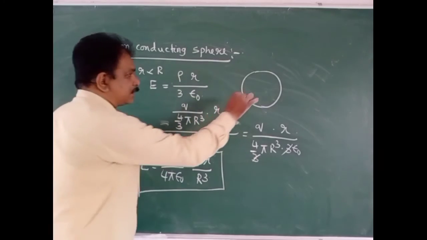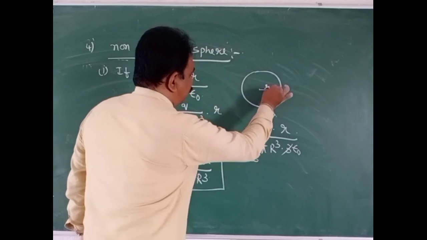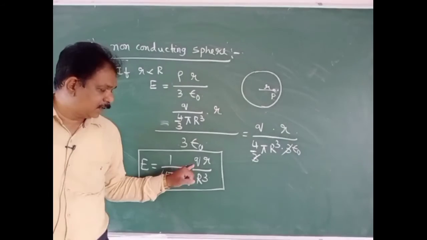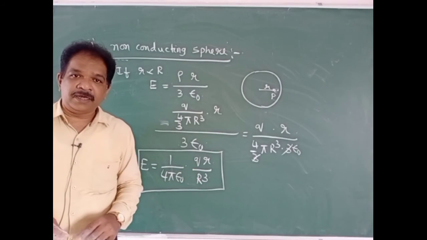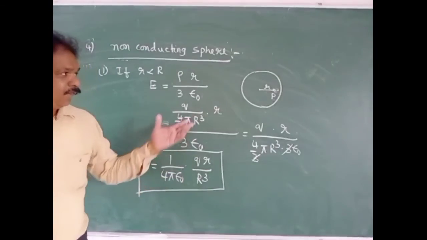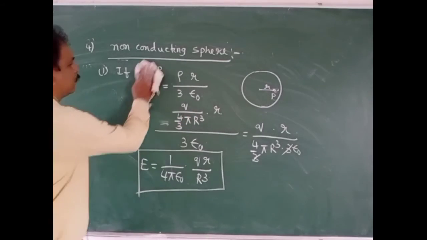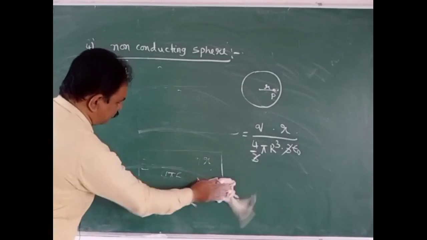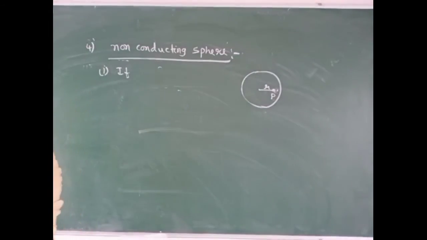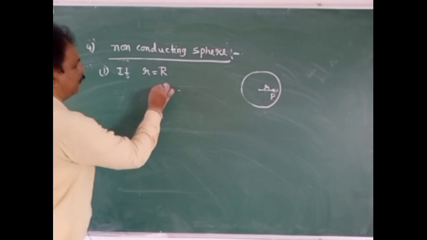At a distance smaller from the center here, what is the field intensity? It means 1 by 4 pi epsilon naught QR by capital R cube. This formula we will use. If the point came on the surface, if R is equal to capital R, same formula.